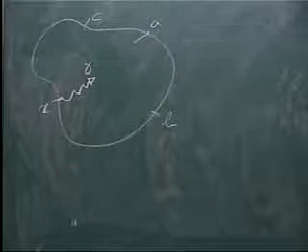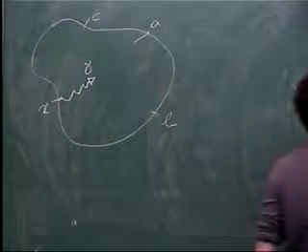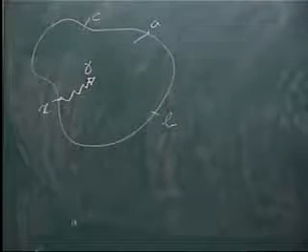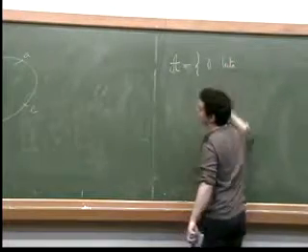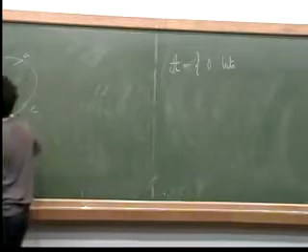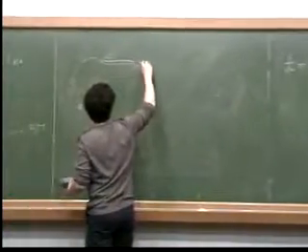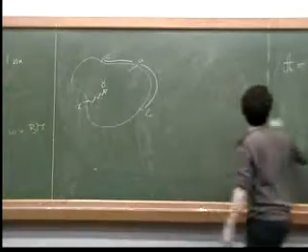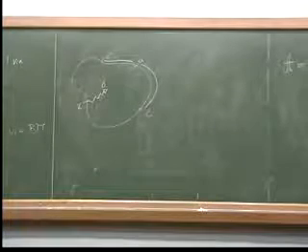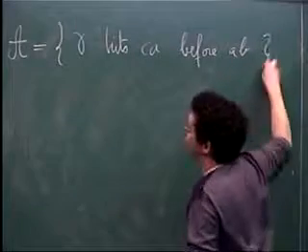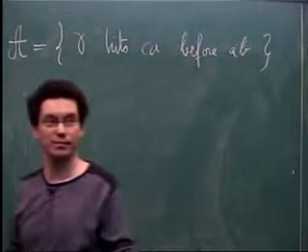Now, let us define the following event. A is the event that gamma hits these two intervals here, CA before AB in the picture here. Right?